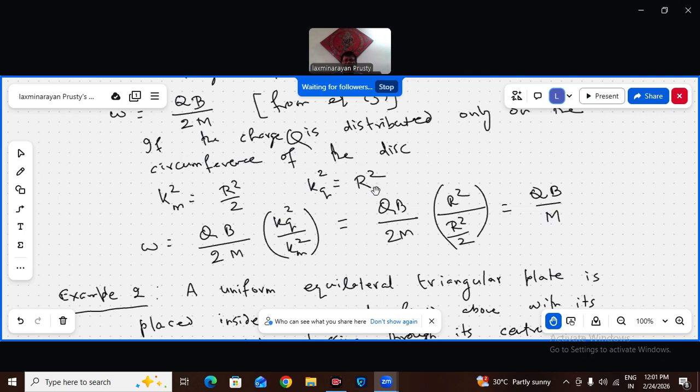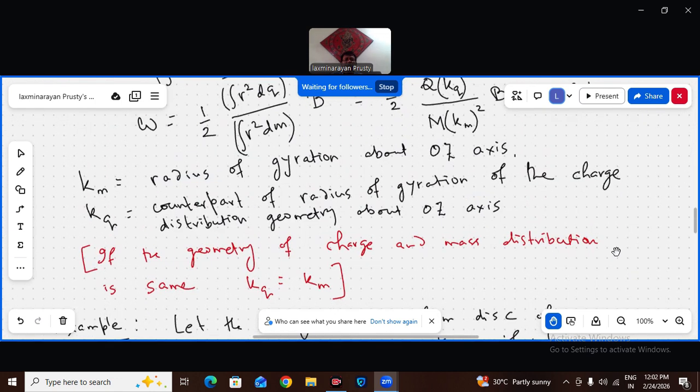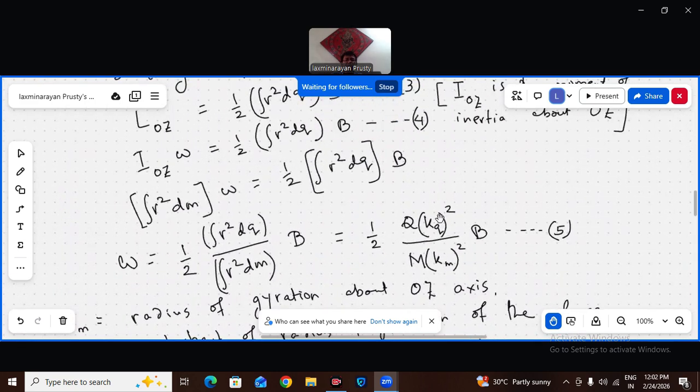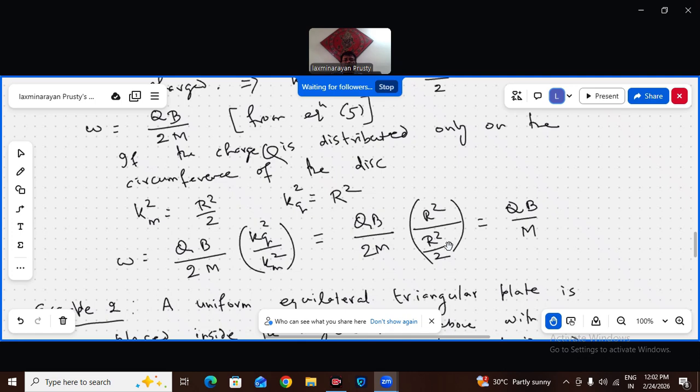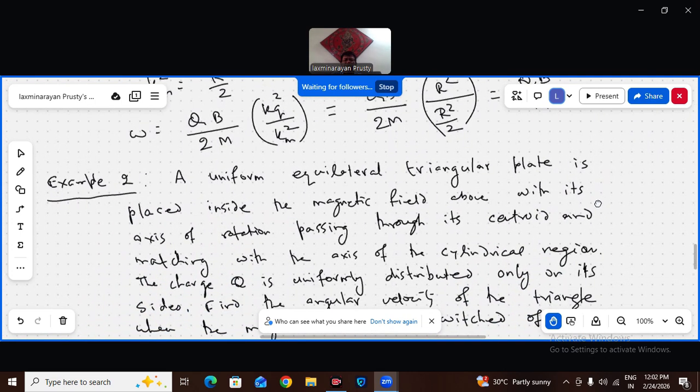This is one of the basics of rotational dynamics. So omega is qB by 2m, from equation number 5, into kq square by km square. This is r square by 2. So the 2 cancels. So qB by m. Okay, so very simple. Don't derive it from first principles in all the cases.